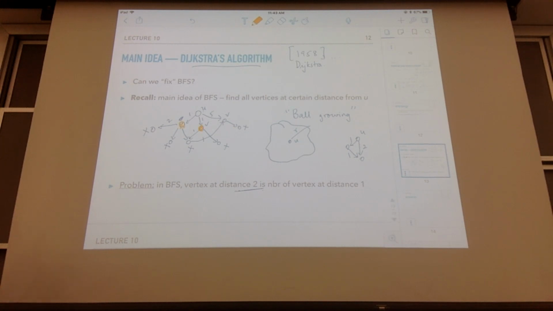These guys are at distance 1. Now I want distance 2 from this vertex. So I can't take this edge because that would be a distance 3 from you. So I'm going to take only this guy.